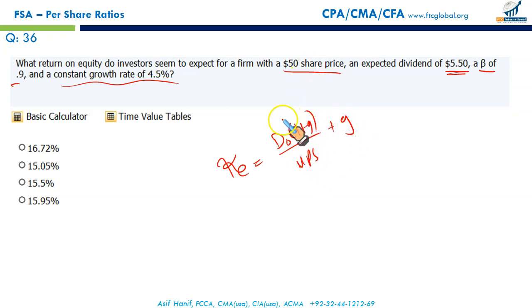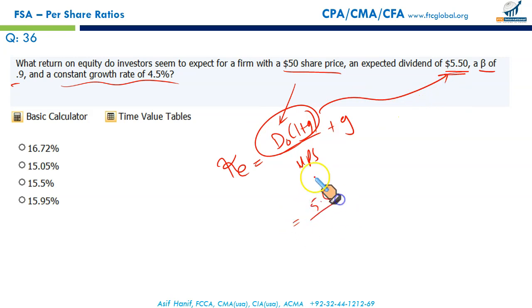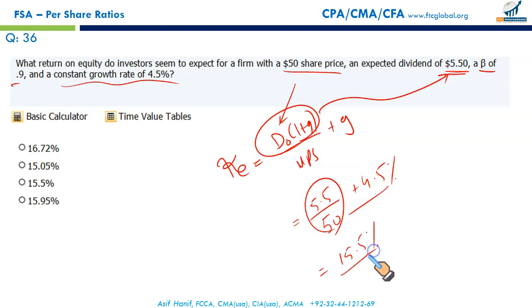Since we have not been given the current dividend, we have been given the expected dividend, which basically is the simplification of this. So we have been given the next dividend as 5.5. Market price per share is given as 50. And the growth rate is 4.5. If you simplify, it's going to be 0.11. Convert this into percentage and add 4.5% to it. You'll get 15.5. That is C.